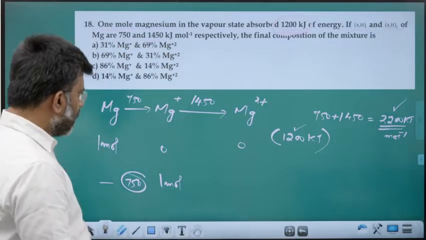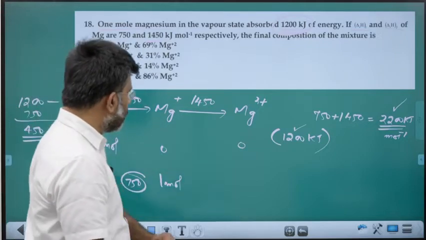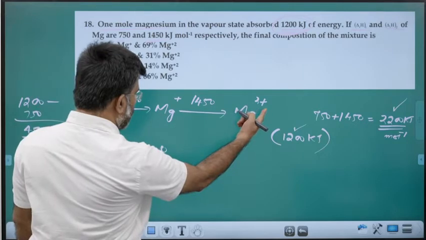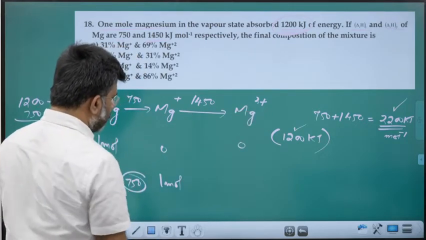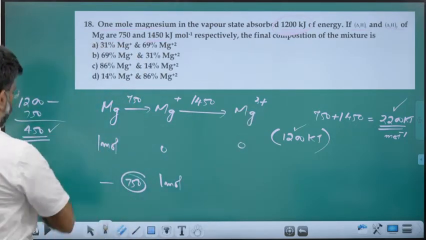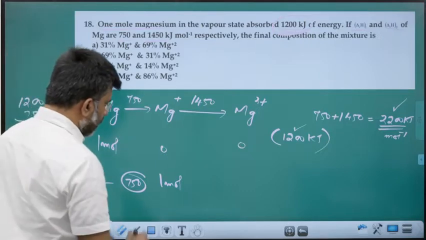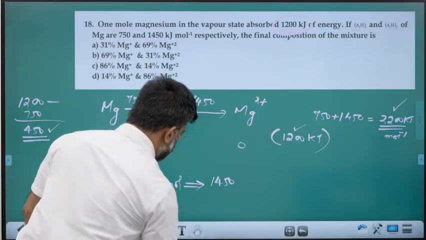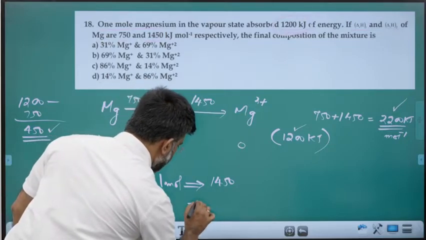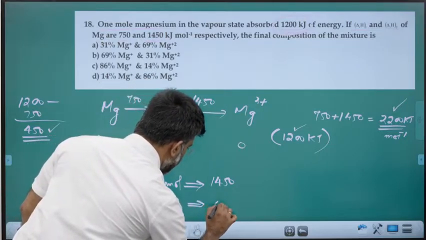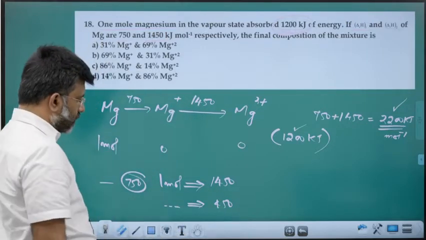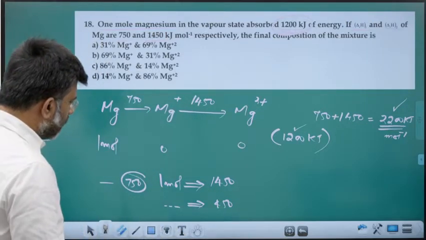Now using 450, can the entire conversion of Mg plus take place? No. Because for 1 mole to be converted you need 1450, and we have only 450 remaining. So how much conversion will take place?